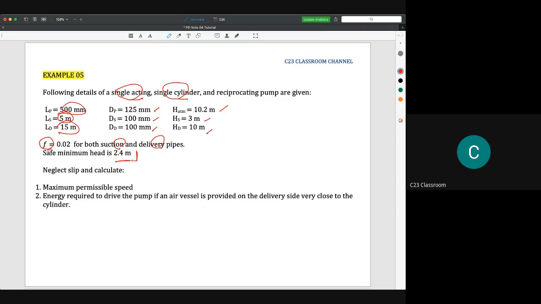Let's say we don't have any slip in this condition, and then we need to calculate the maximum permissible speed and the energy required to drive the pump if an air vessel is provided on the delivery side, very close to the cylinder. So now in question 5, we start to calculate the difference between pipe with and without the air vessel.